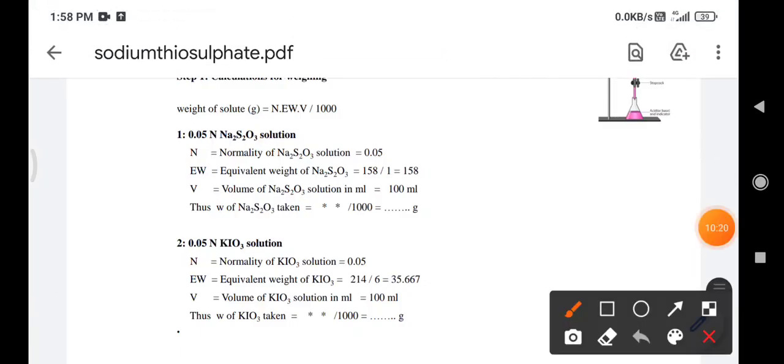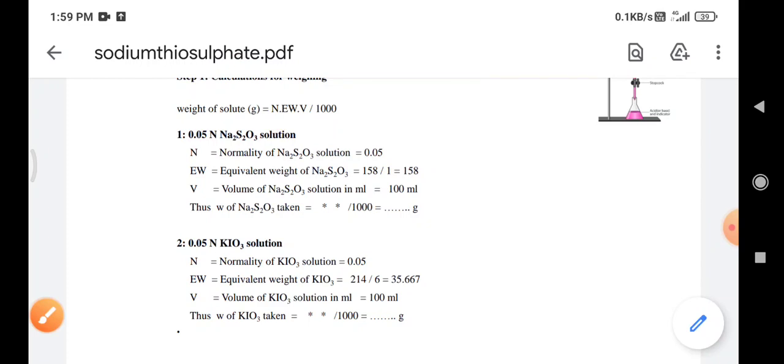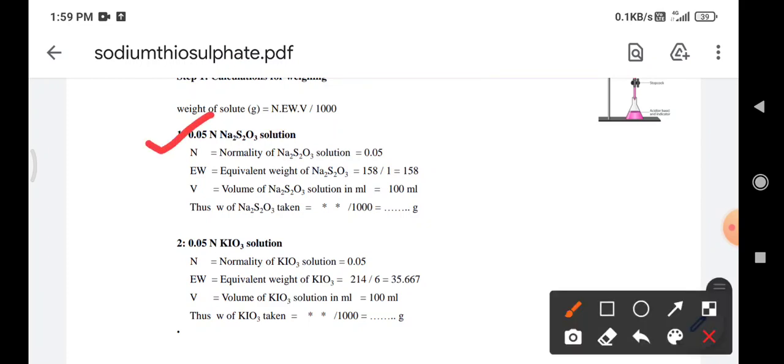Now coming to the first, that is calculation for weighing. For calculation of weighing, we can use the formula N × EW × V / 1000, where N is the normality, EW is the equivalent weight, V is the volume, which is divided by 1000. So first we can do the calculation for 0.05 normal Na2S2O3 solution.